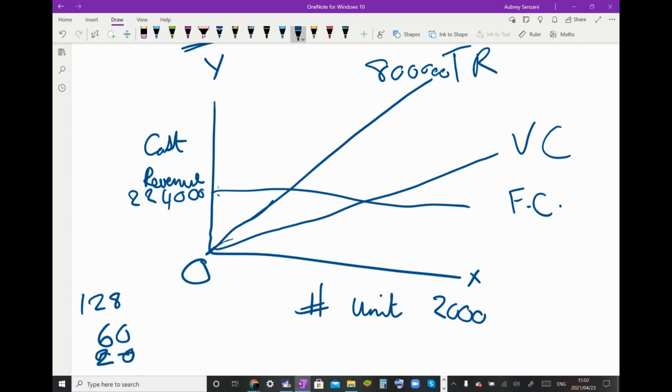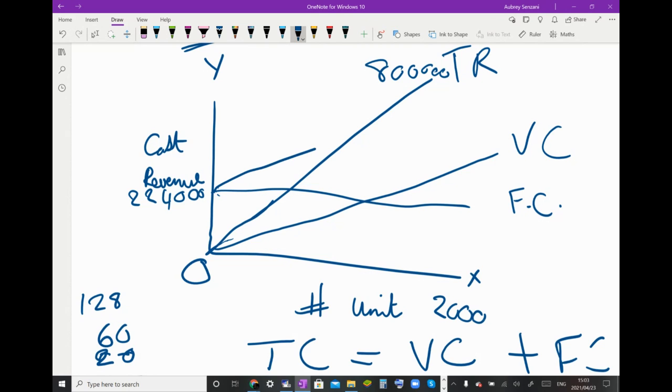Then the last thing that you want to do is remember our total cost. Let me write this out. Total cost is equal to variable cost plus fixed cost. So if we want to see what our total cost is, our total cost begins over there. Total cost line. And why did I draw from this point over here?